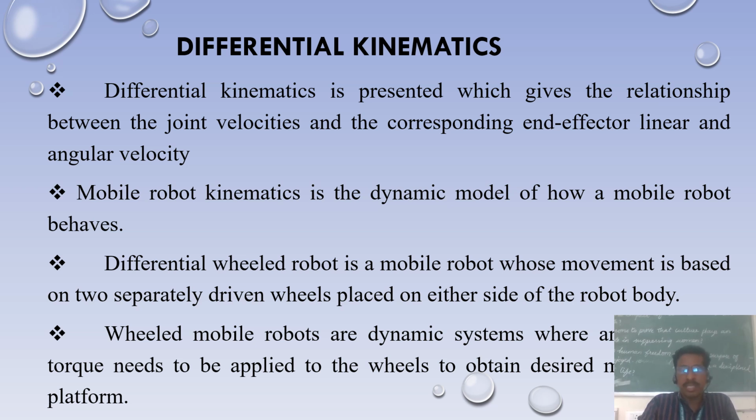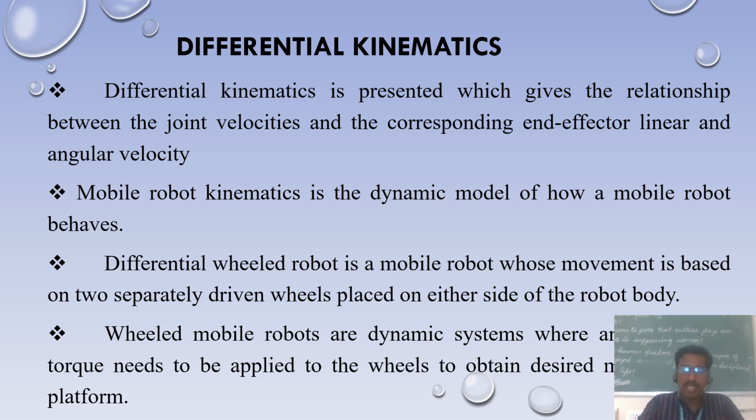Differential kinematics gives the relationship between the joint velocities and the corresponding end effector linear and angular velocity. So mobile robot kinematics is the dynamic model of how a mobile robot behaves.